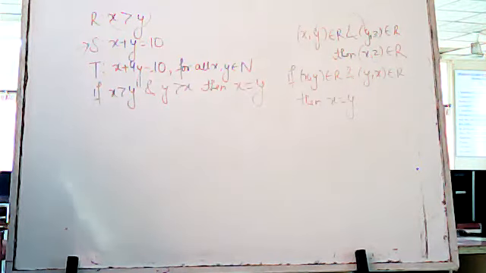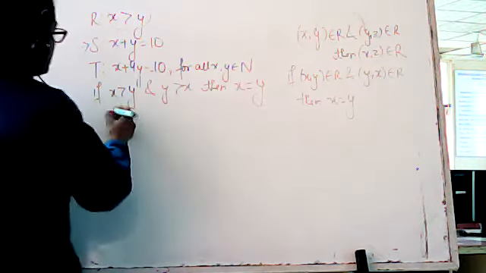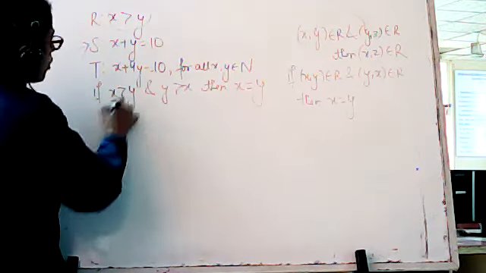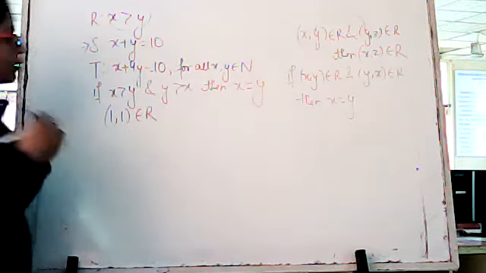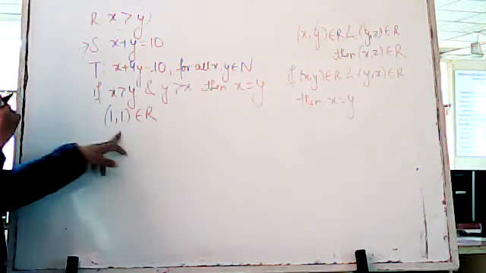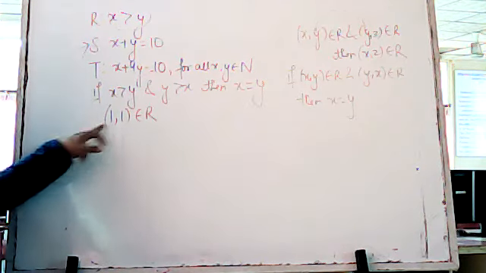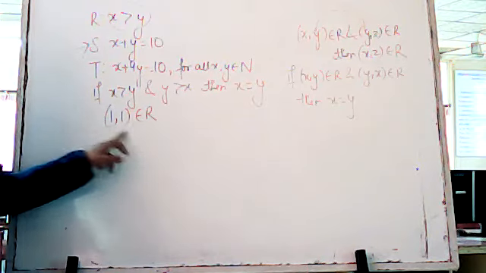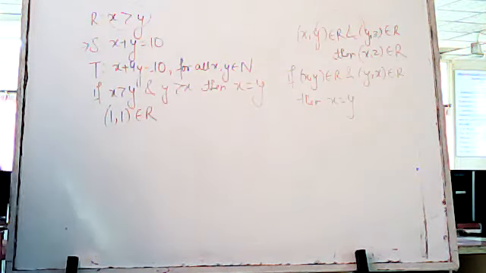Take ordered pair (1, 1) belongs to R. For greater than or equal to, we can say if 1 is greater than or equal to 1, then 1 equals 1. Then R can be antisymmetric.